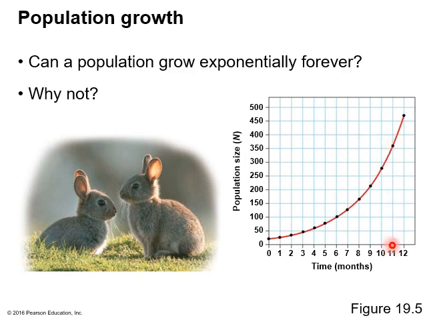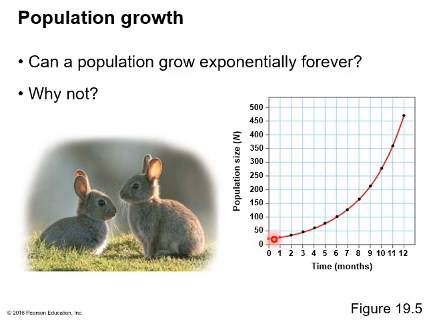And then from month 11 to month 12, you increase by 200 individual rabbits. And then from month 12 to month 13, you might increase by 300 individual rabbits, right? So during each time period, the number of individuals you add is greater than the number you added the year before or the month before or whatever.